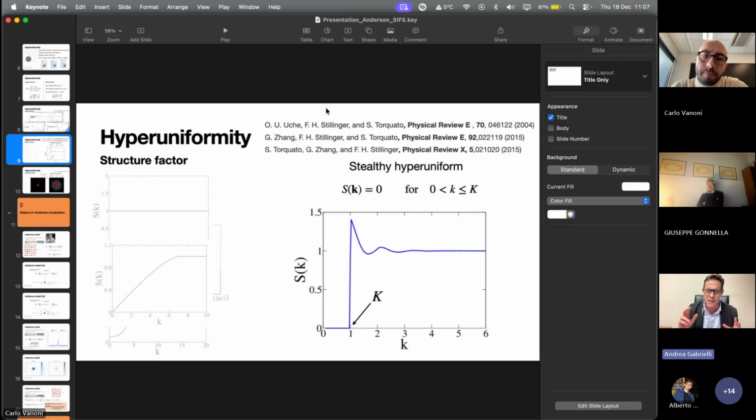So I don't really understand how can you create a disordered point process with zero structure factor in a finite interval around 0.